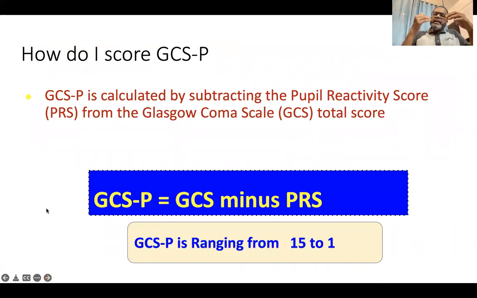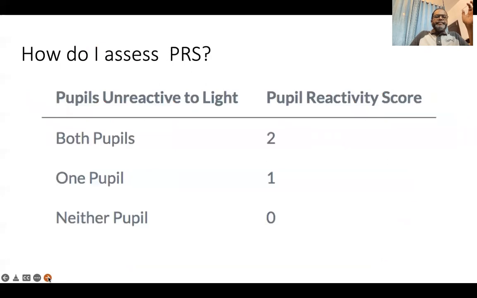Recently, the Journal of Neurosurgery added a few more things to the assessment of the GCS score. One is pupillary reaction, which is called the GCS-P. In GCS-P, the pupillary reactivity score, the PRS, is subtracted from the total Glasgow Coma Scale score, so GCS minus PRS is the GCS-P. It ranges from 15 to 1.